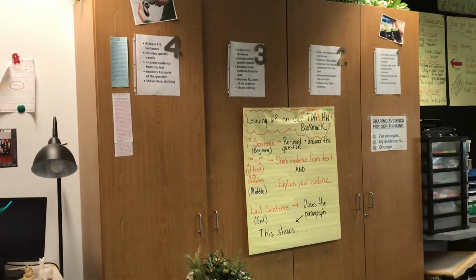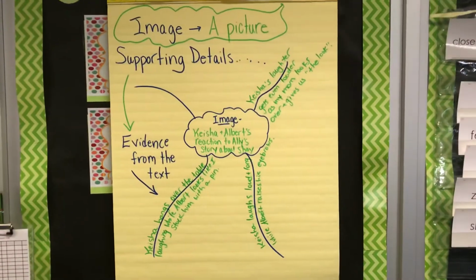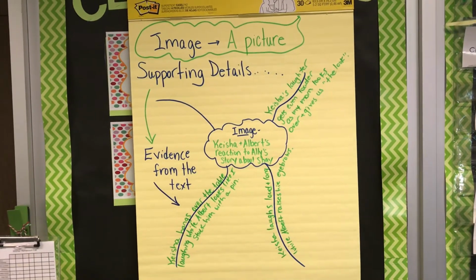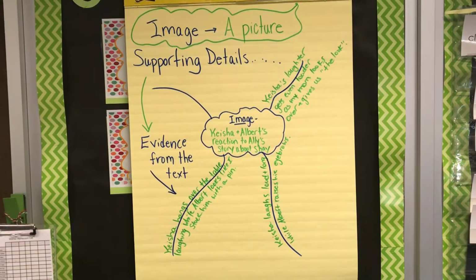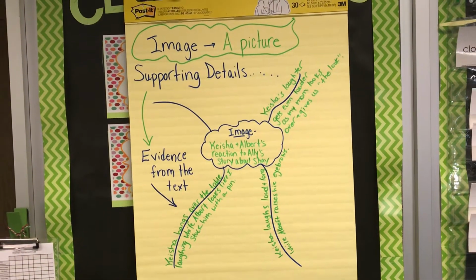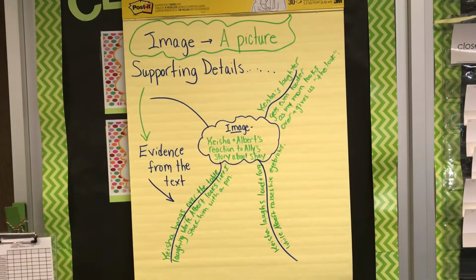Okay, so I want you to remember our lesson from yesterday where we talked about the fact that an image is a picture, and that when we are reading, we can hopefully have these little snapshots in our head based on details that we've read in the text, right?